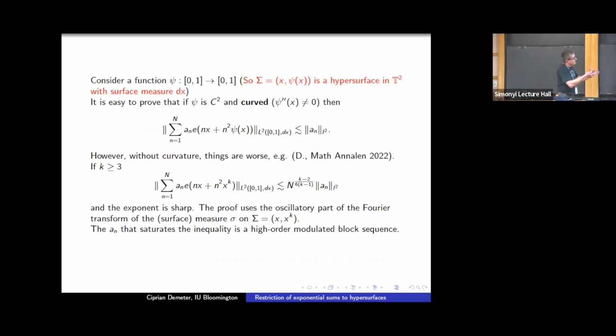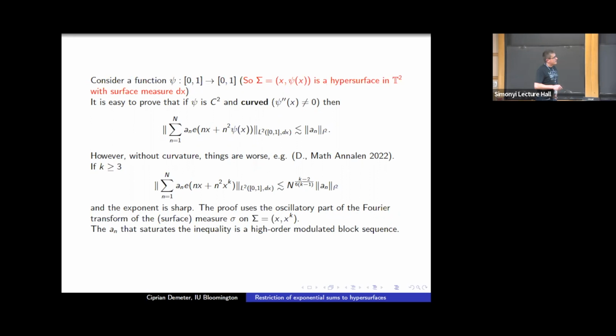We identify the graph with the interval 0, 1. And it's very easy to prove that if psi is C2 and curved, so for example, if psi of x is x squared, that's curved everywhere, then you do have square root cancellation in L2. And L2 turns out to be, again, the correct exponent in 2 dimensions.